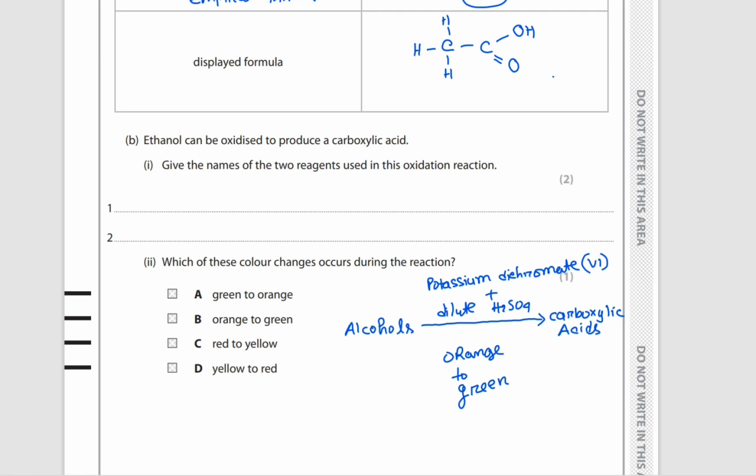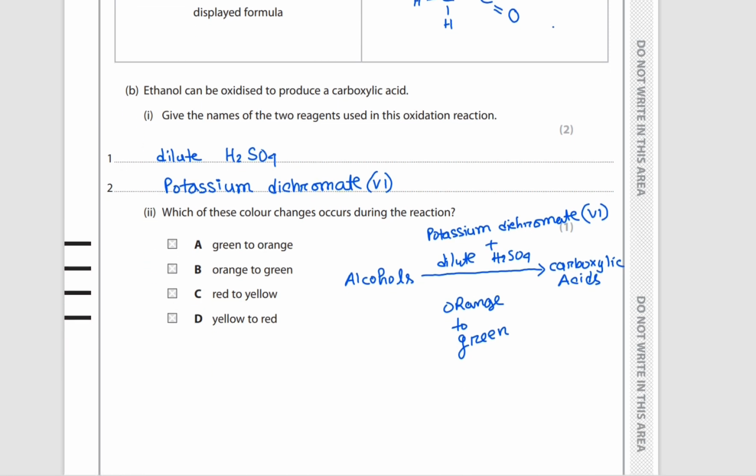So part 1 is dilute sulfuric acid and potassium dichromate(VI). Part 2, which of these color changes occur during the reaction? We know the color change for this reaction is part B.